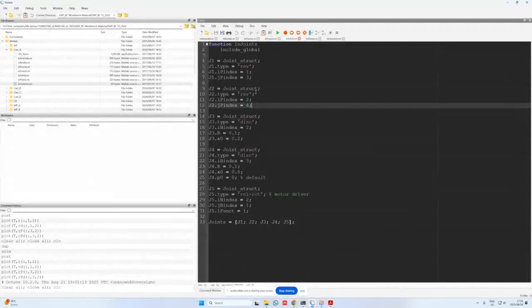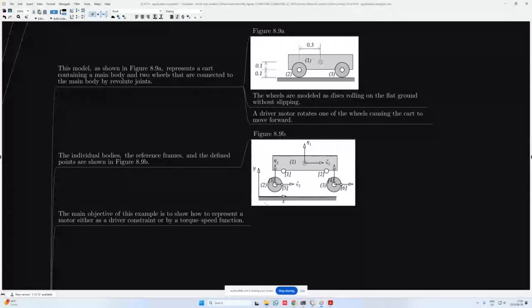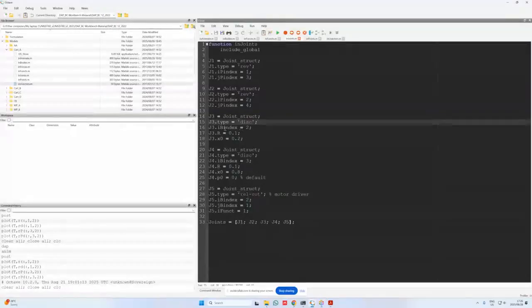Now, if I look back over here, for the first disk, we can specify it on body 2. So we're starting off with the rear wheel in this case. So we specify that the disk joint is going to act on body 2. Then we give .r as input as well. So this is simply the radius of the wheel or the disk. We know that is 0.1 meters. And then we also have J3.x0.